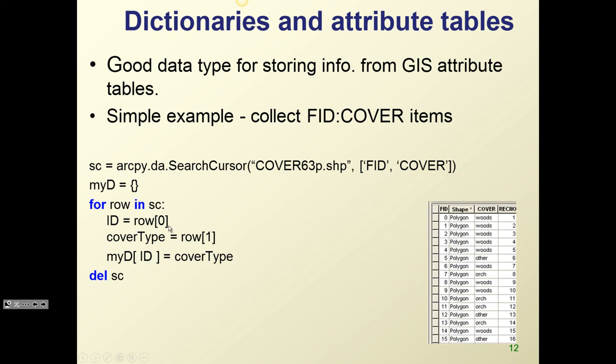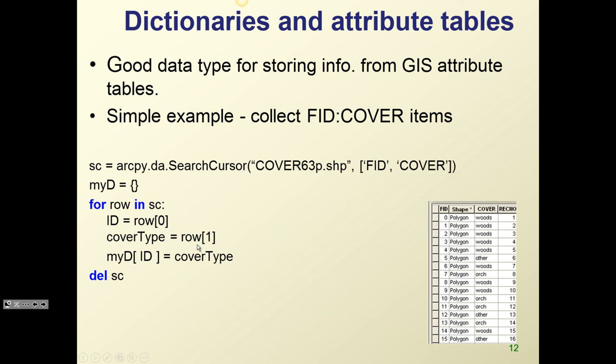What does this line of code, ID equals row[0], do? That's where variable ID equals what was in FID for that row. Yes, that sets the variable ID to the current FID, whichever FID is for that row. First time around it'll be 0, second time around it'll be 1, and so forth. And then, what does this next line of code do?